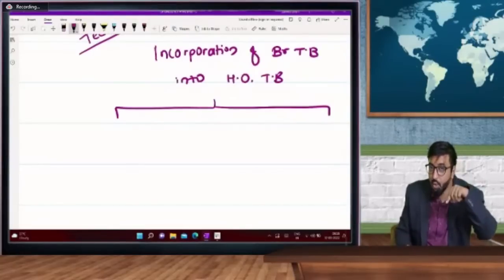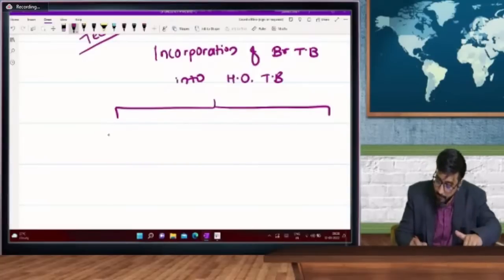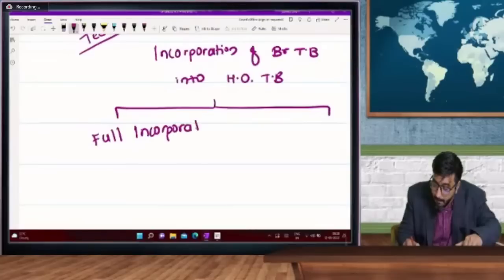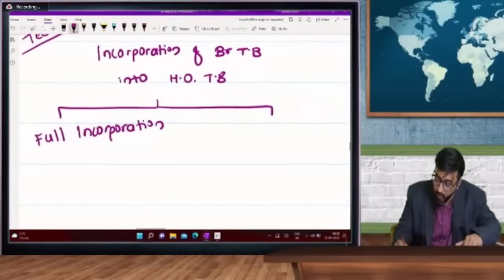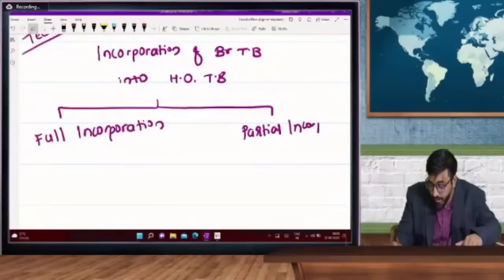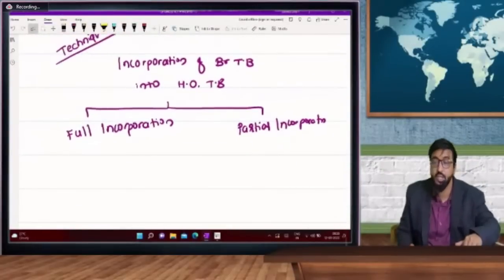Technique number 2 is illustration number 13 and 12. Incorporation of branch trial balance into head office trial balance. Now here, full incorporation or partial incorporation. Understand the technique now. Full incorporation and partial incorporation.